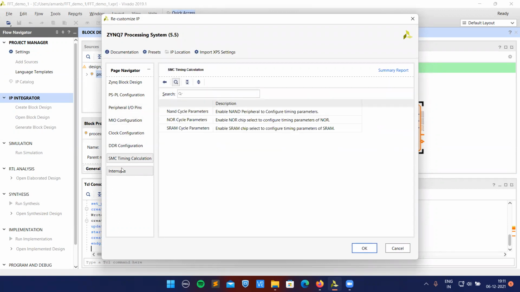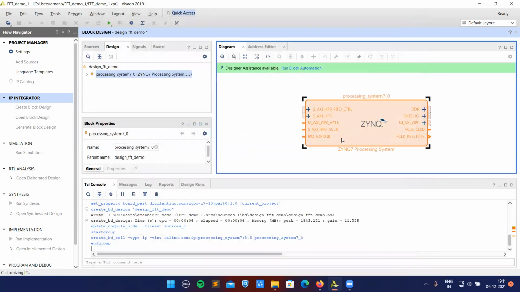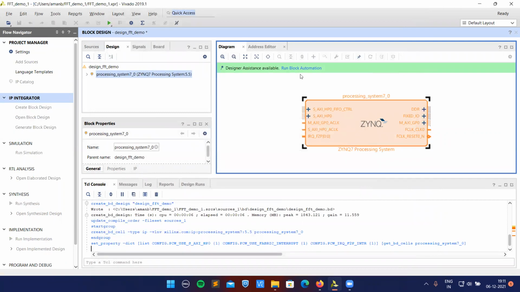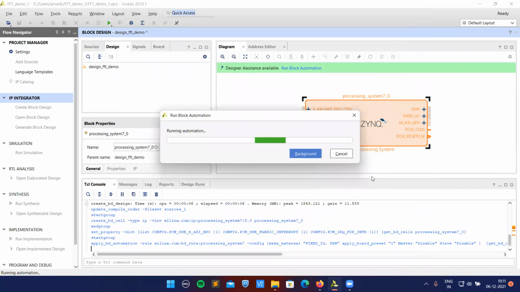Clock configuration, nothing. SMC, no change. For the interrupts, we are going to use the fabric interrupts, and that too will be from the PL to PS, from the DMA to the Zynq processing system, and we are going to use the IRQ F2P. We can run the block automation, and then the DDR and fixed IO ports will be generated.